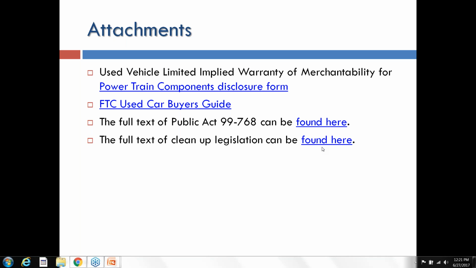The regular type is the old language of the statute, the stuff with the line through it will be taken out of the statute beginning July 1st, and the underlined language will go into the statute.